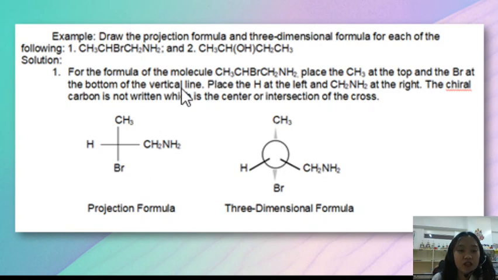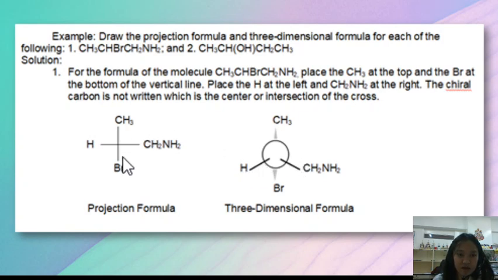Okay. So, after you've drawn the projection formula for that, you can now convert it into a 3-dimensional formula. So, again, when the atoms are located sa horizontal line, it is projected towards the observer.